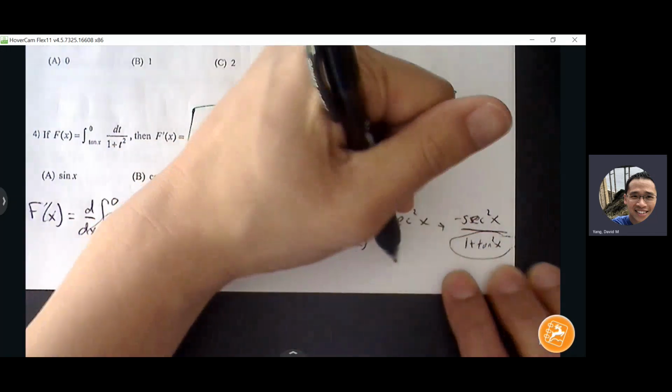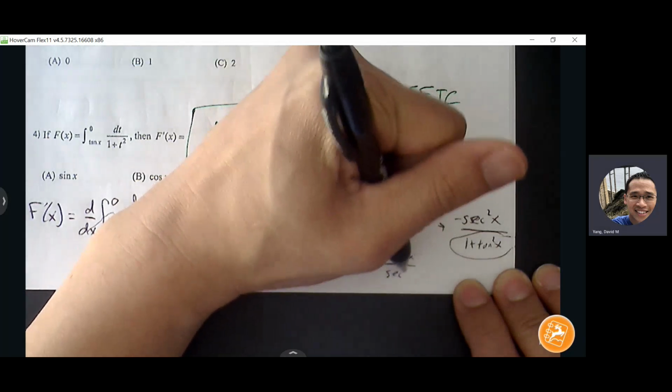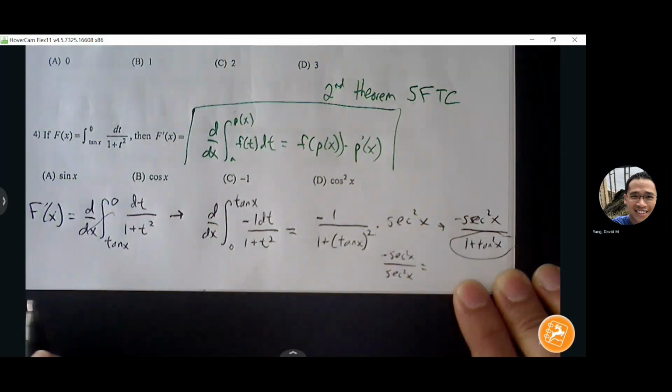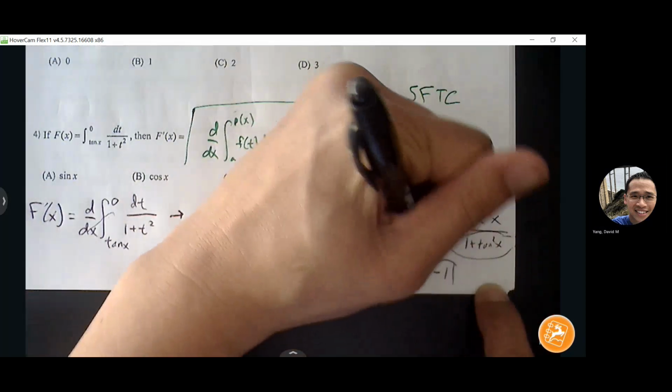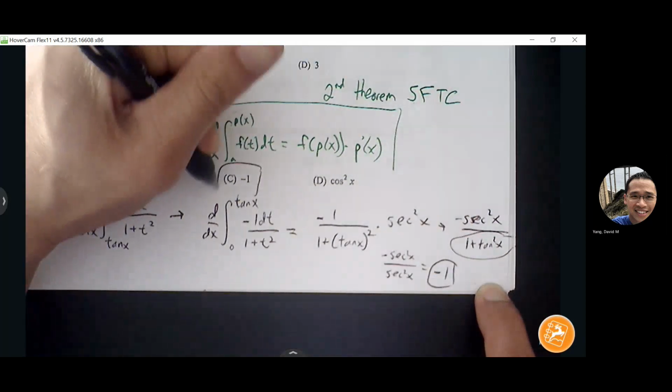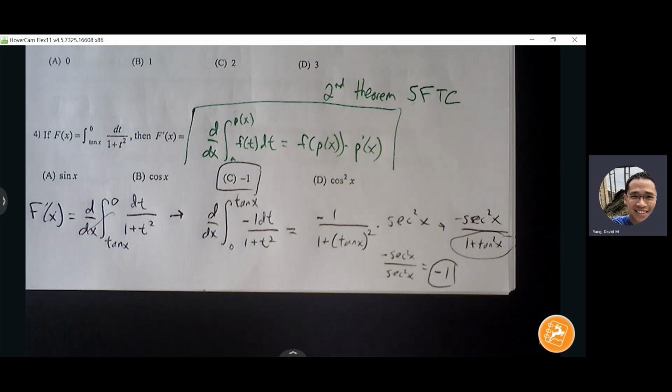So if I have negative secant squared over secant squared, that's equal to what? Negative 1, yeah. So a lot of second theorem, a lot of u-substitution that's coming up.